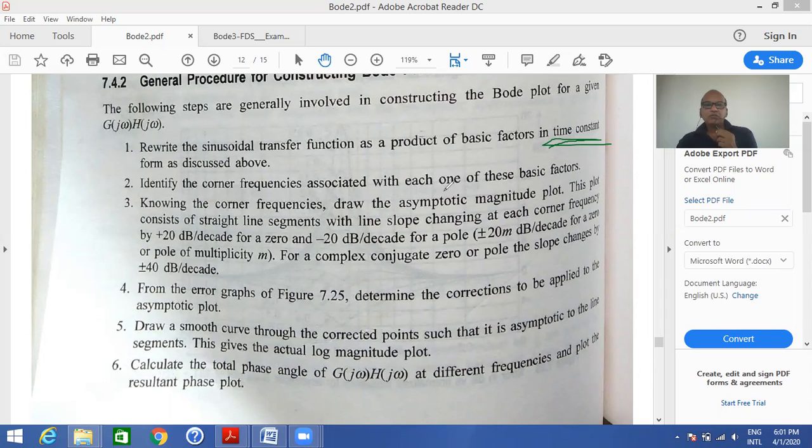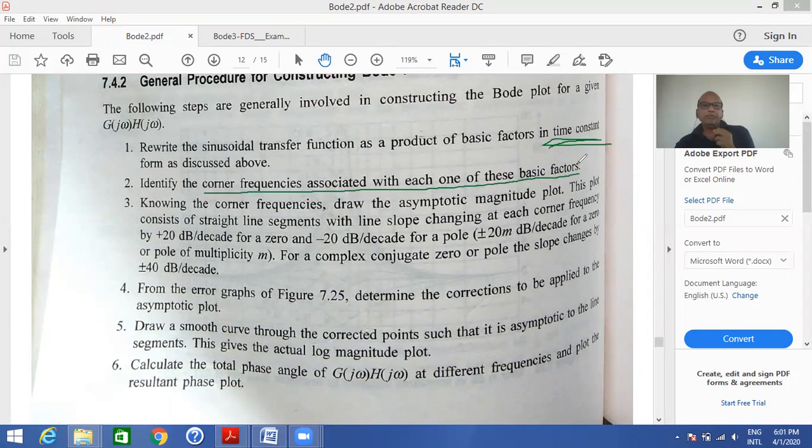Similarly, in case of the poles of the denominator, 1 plus sTa, 1 plus sTb, these are converted into the form 1 plus s T, which is known as the time constant form. Identify the corner frequencies associated with each one of these basic factors.